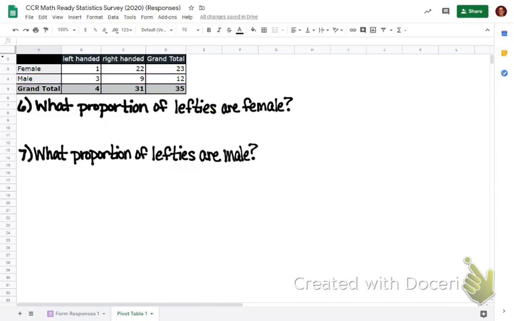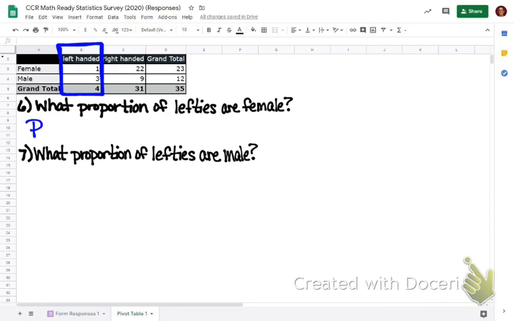Now I want to start answering questions about what proportion of people that are left-handed or lefties are female and what proportion of lefties are male. So for both of these questions, I'm not looking at people that are left-handed and right-handed. I am restricting myself to only be looking at people that have identified as left-handed. And so every number that I get is going to come out of this left-handed column.